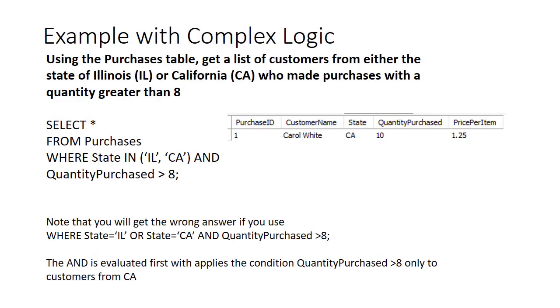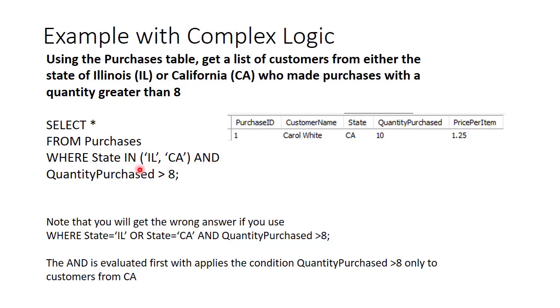Here's an example with complex logic. Using the purchases table, get a list of customers from either the state of Illinois or California who made purchases with a quantity greater than 8. So writing these complex conditions using in and between is going to help a little bit.